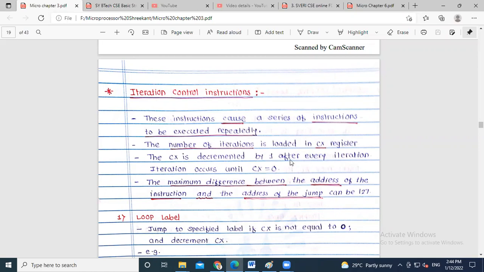It is decremented until CX meets the last condition, that is zero. The maximum difference between the address of the instruction and the address of the jump can be 127. Okay, so this is the iteration instruction.